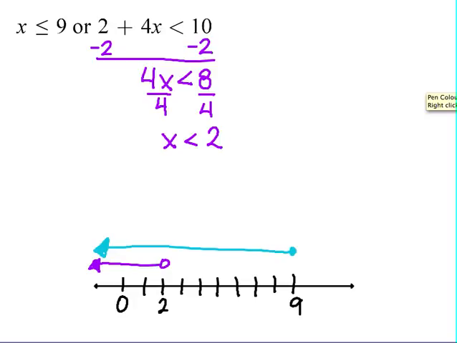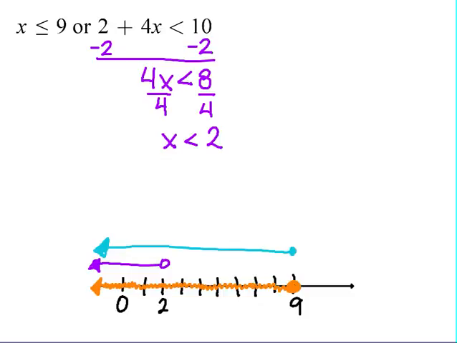Is the left arrow shaded? Yes. Is 0 shaded? 1, 2, 3. Where do I stop shading? 9. There you go. So that's the process you're going to use to solve these. Questions?